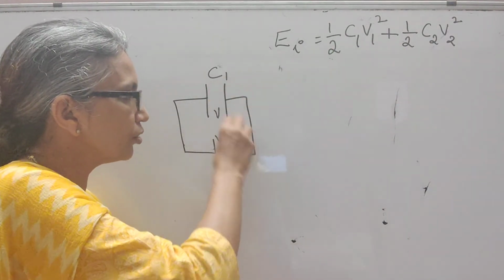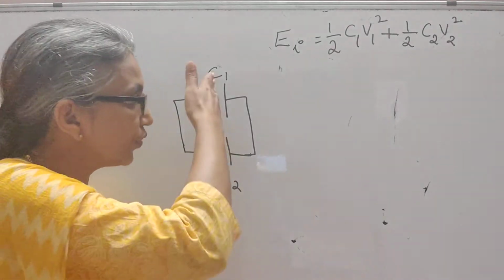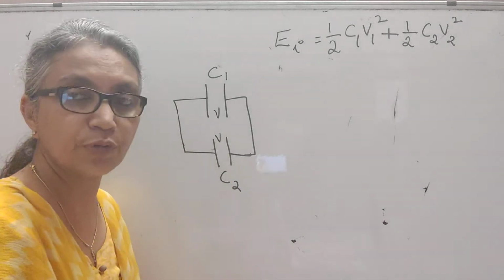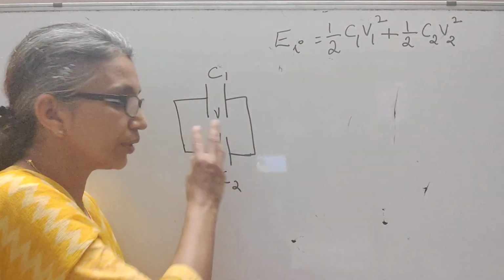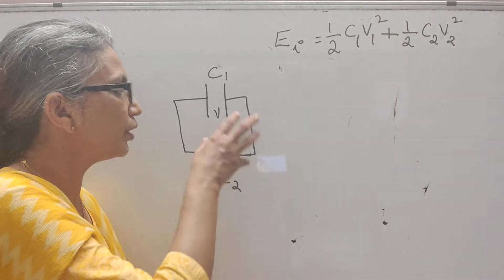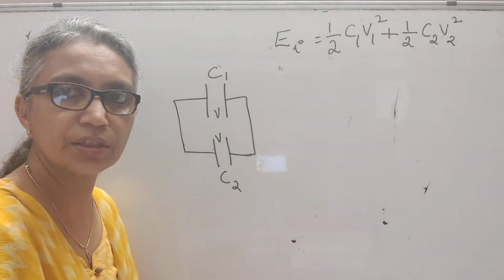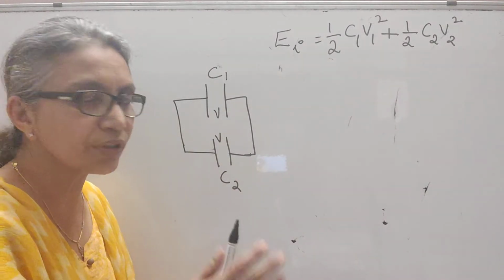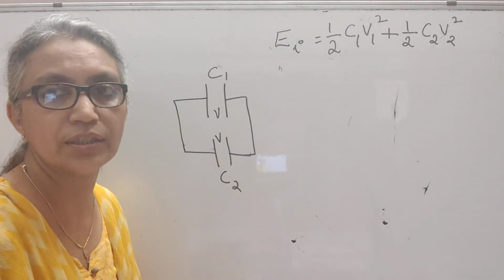After that, they started to share the charges so that both of them will get the same V. While charges flow, there is current flowing through a wire, so the wires get heated up. Energy is lost in the form of heat, and therefore the energy stored in this parallel combination should be lesser than this initial energy. And the difference in the energy, the loss in energy, is what we are going to find out.